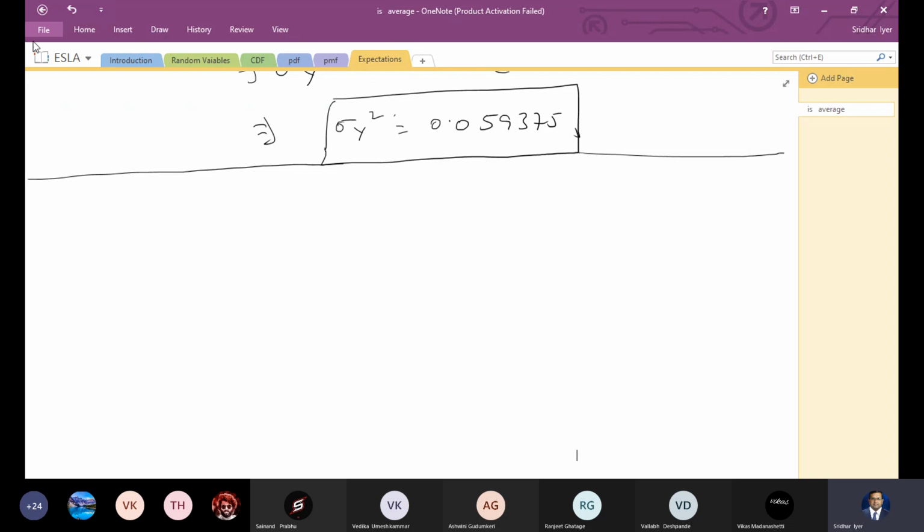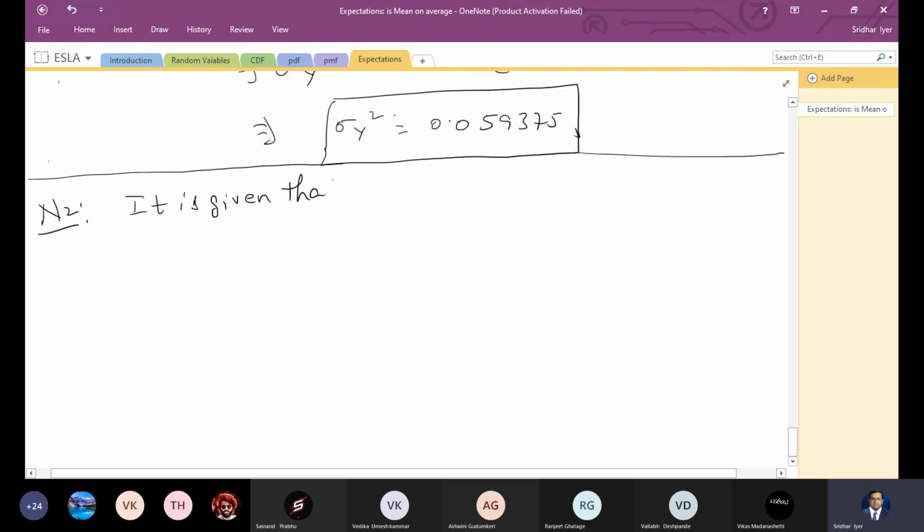Okay. Let's look at another numerical. We have time for that. So the second numerical, it is given that E of x is 2 and E of x square is 6.